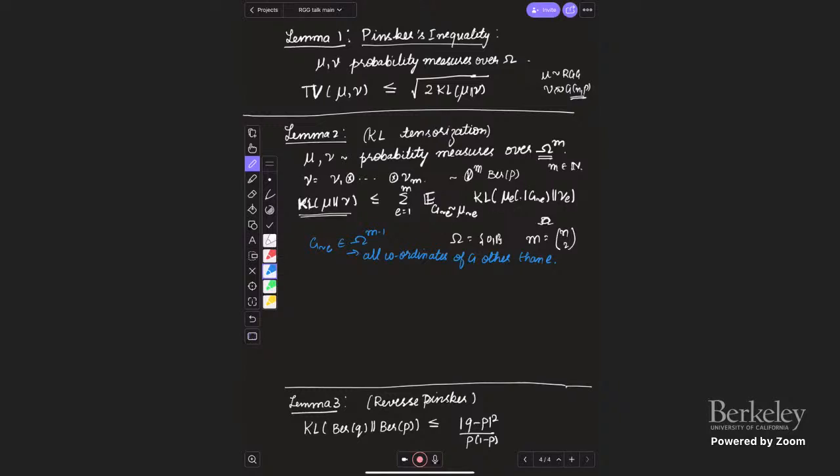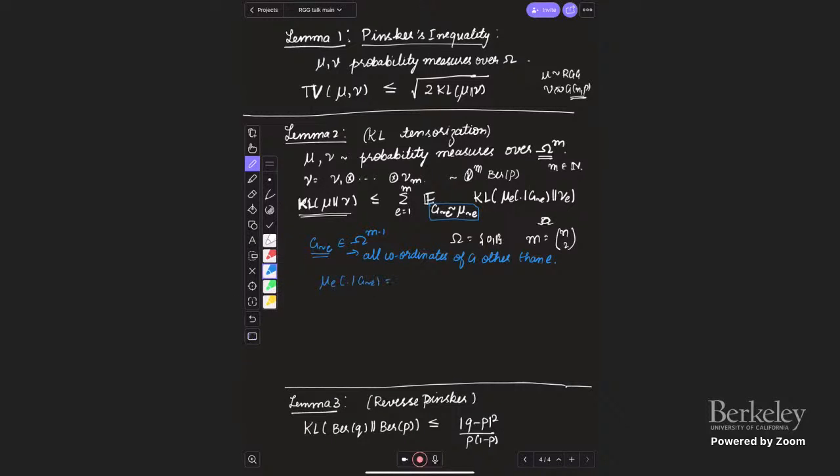If we have an edge 1, 2, then we don't look at whether that edge is present or not, and we look at the rest of the graph and call that G tilde E. And what this means is that G tilde E is drawn from the marginal distribution for the rest of the graph.